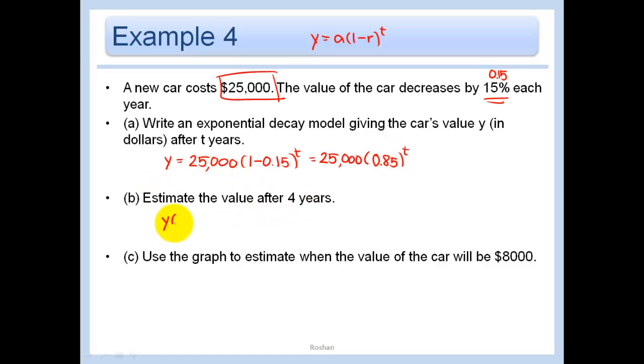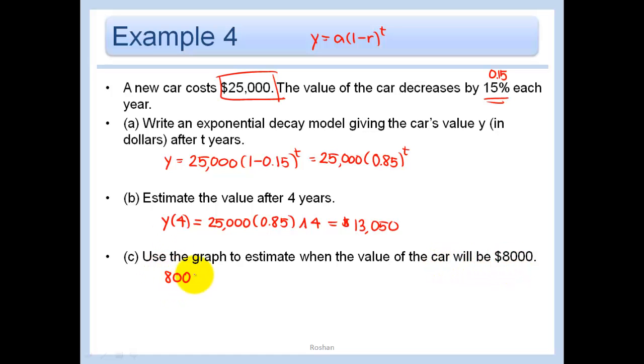Well, we just do y after 4 years. In other words, 25,000 times 0.85. If we're doing this in our calculator, hit that key to the 4, and that should give you $13,050.